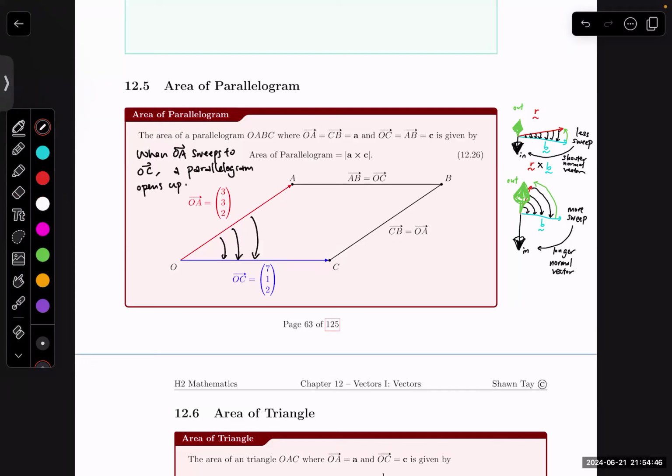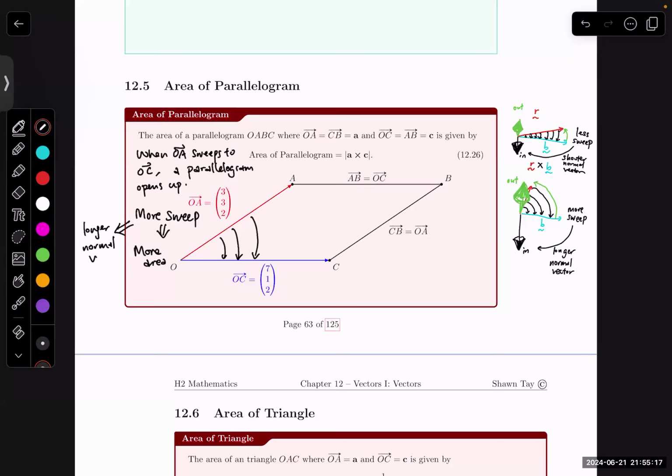Then more sweeping, again, more area. More sweep becomes more area, and the same sweeping motion can be thought of as a way to grow this normal vector.